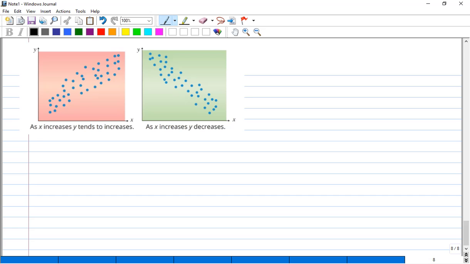So in the previous section, we were able to use r to help measure the degree of linear relationship that we have. What does that mean? The closer r is to 1, the more tightly fit all of the data items are going to be around the line, and it's going to be a positive relationship.